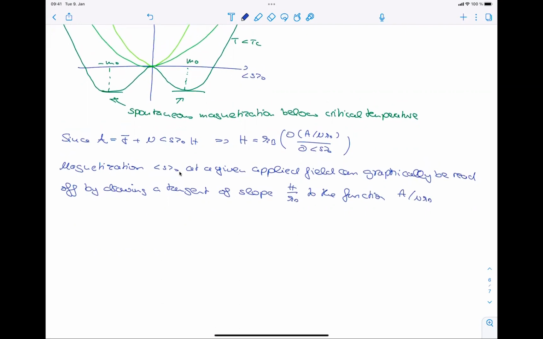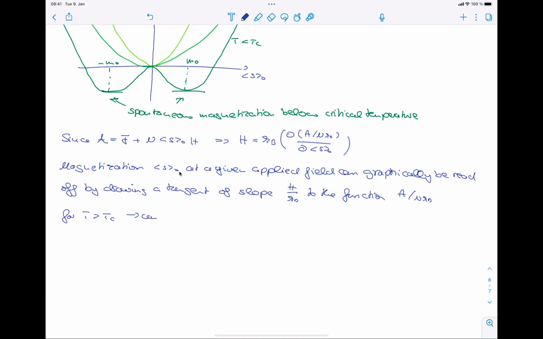And so if I do this, then I find for the monotonically decreasing and monotonically increasing function, above critical temperature, there's only a unique solution of drawing such a tangent.